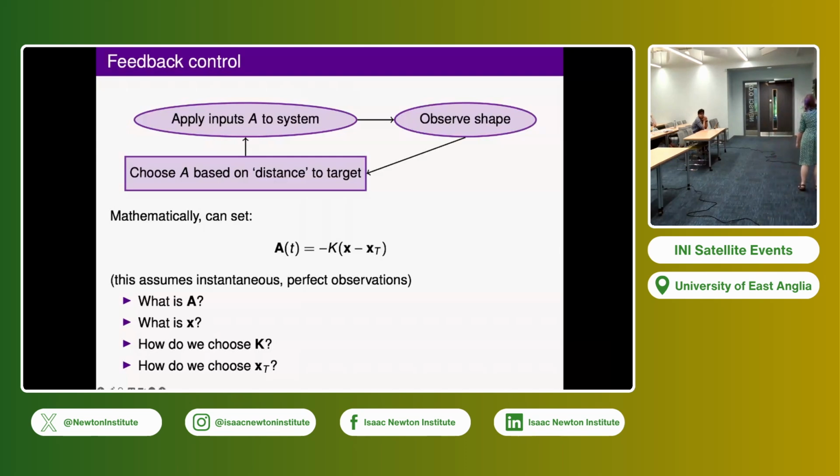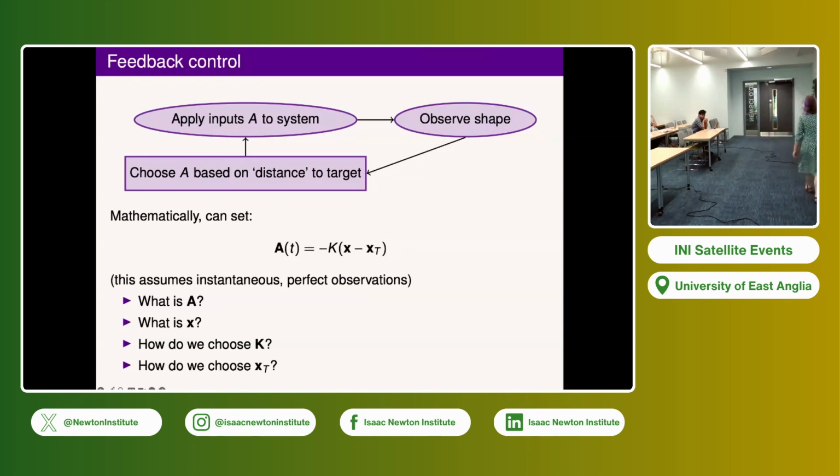My amplitude of actuation A, my injection amplitude, is, with a minus for historical reasons, some linear operator K on the distance between the current state of the system and my target state of the system. If I'm genuinely writing this down, I'm assuming in my maths that we can view everything instantaneously and process it perfectly, with no delay and no noise. That doesn't happen in the experiments, but it's a good start.